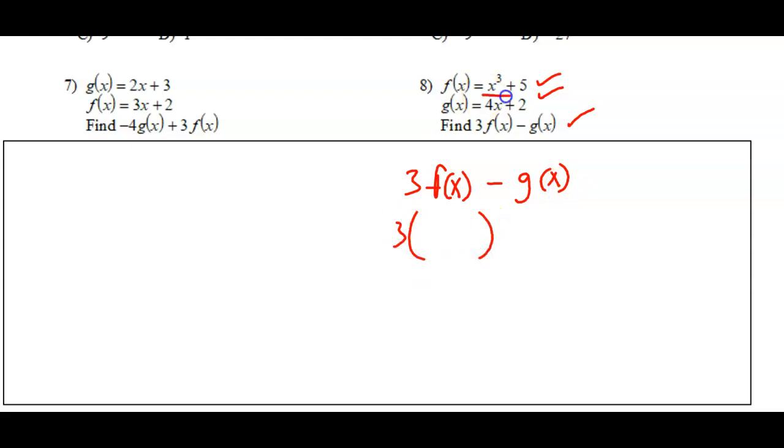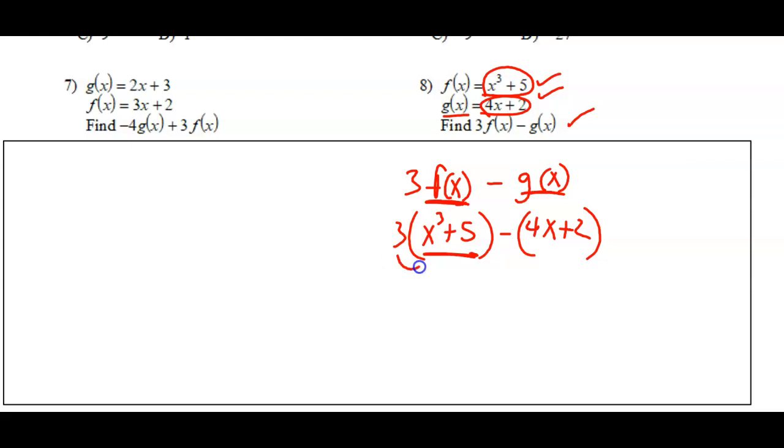Well, the f function's up here. Apparently the f function is x cubed plus 5. So I'm going to replace the f with x cubed plus 5. Same thing here with the g. I'm going to replace the g function with what g equals. G seems to equal 4x plus 2. From there, we're just going to simplify. So to simplify, the first thing we're going to do is distribute.